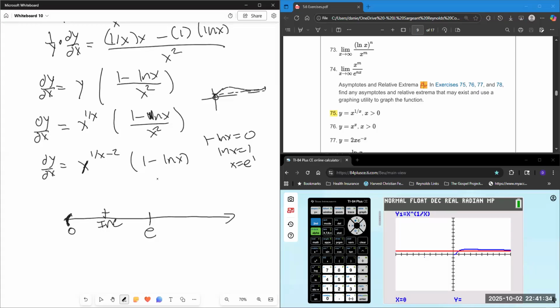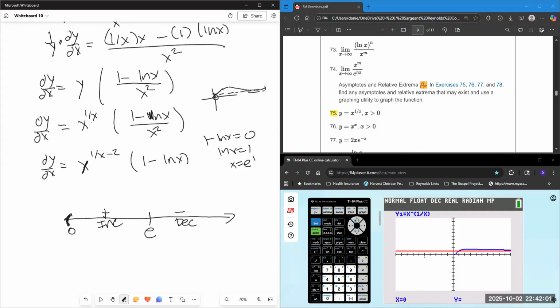But I'm going to pick something that is bigger than e, hopefully something that comes out with a nice number here for ln of x. So I'm going to pick e squared. And so that's going to be 1 minus 2. That's a negative 1. This will be a positive number. This will be a positive number. Positive times a negative over positive is a positive times a negative is a negative.